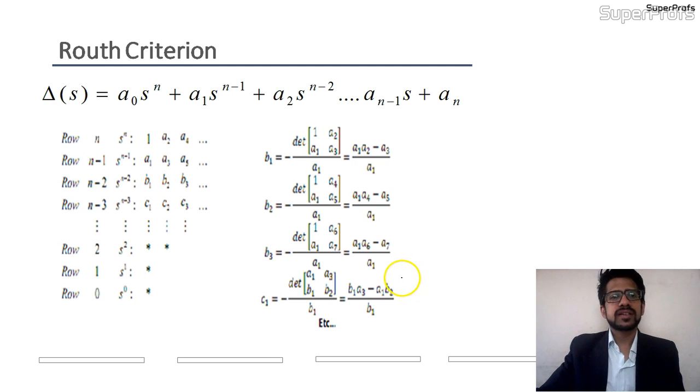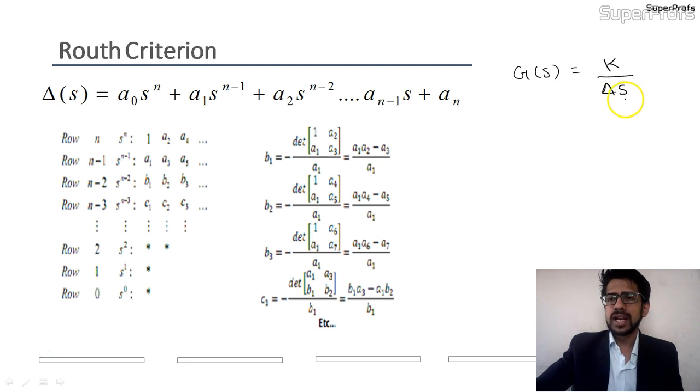Let us see what Routh criteria is. Routh criteria says that for a characteristic equation delta S, that means for any system G of S equal to K upon delta S, where delta S is nothing but the characteristic equation of G of S, if you have the characteristic polynomial in the form a naught s raised to n plus a1 s raised to n minus 1 and so on till a n, then if the signs of the coefficients of all the powers of s are the same, then the system is stable.